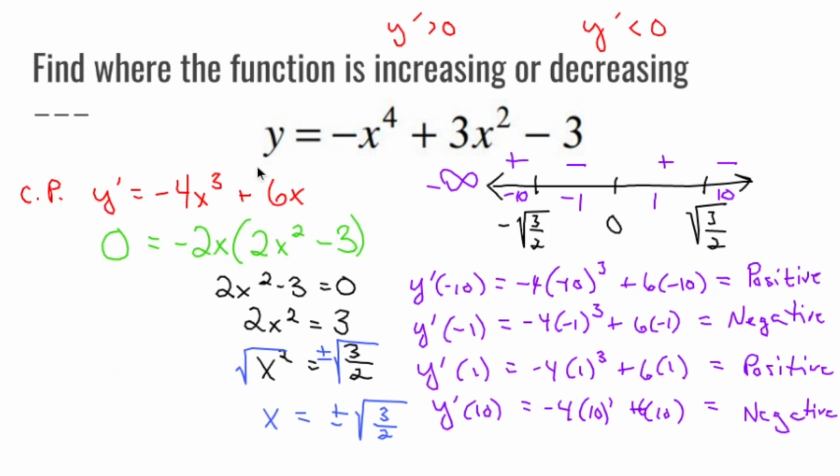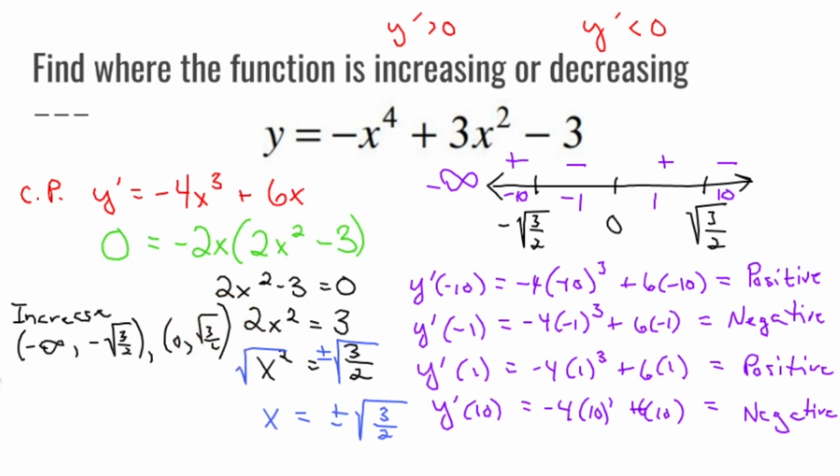This is now telling me that everything is increasing on the intervals negative infinity to negative root 3 over 2. Also, it's increasing on the interval 0 to root 3 over 2.